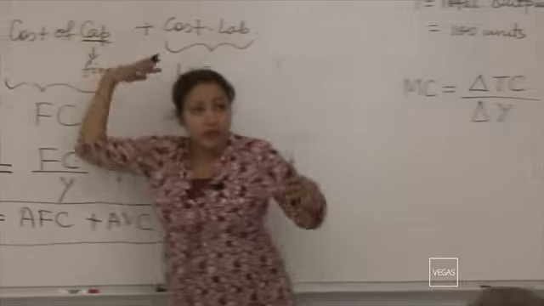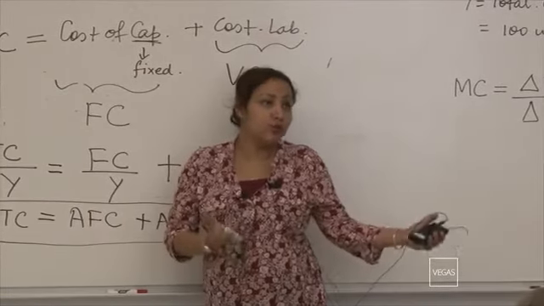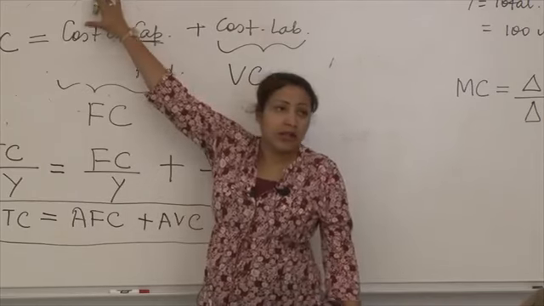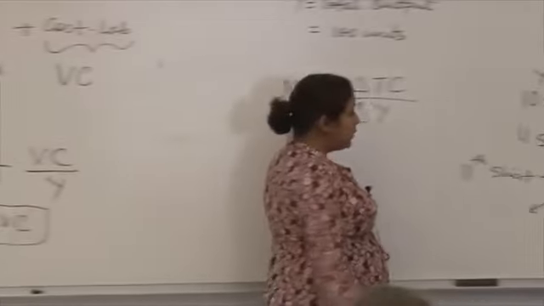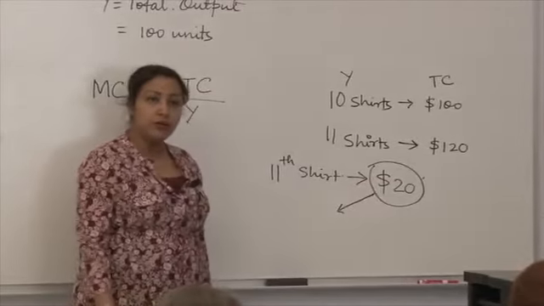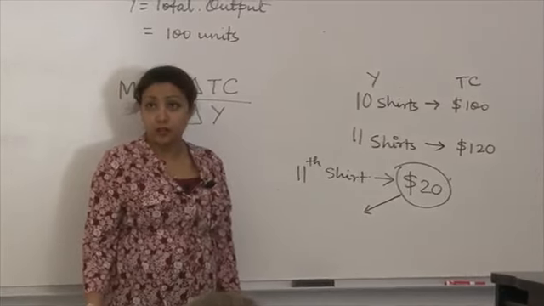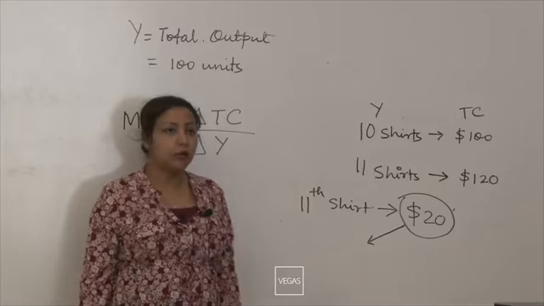I have to use the same number of machines to produce 11 as I used for the first 10. By assumption, my number of machines is fixed. So this entire increase of $20 must have come from labor. Do you agree? All of you, are you clear about this? This is an important thing that you must understand.